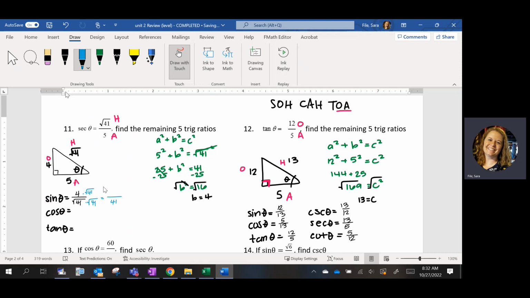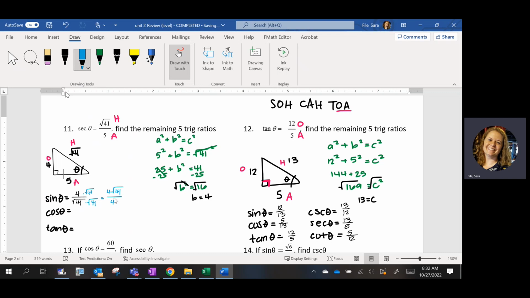So we're not actually changing the value, we're just reformatting it. When you multiply an integer times a radical, the integer just stays on the outside. So 4 square root of 41 over 41.